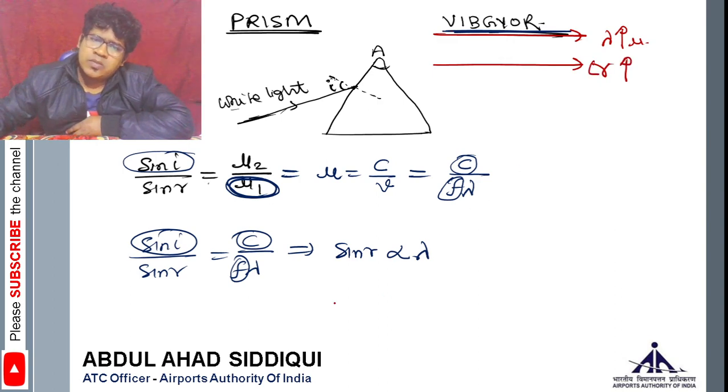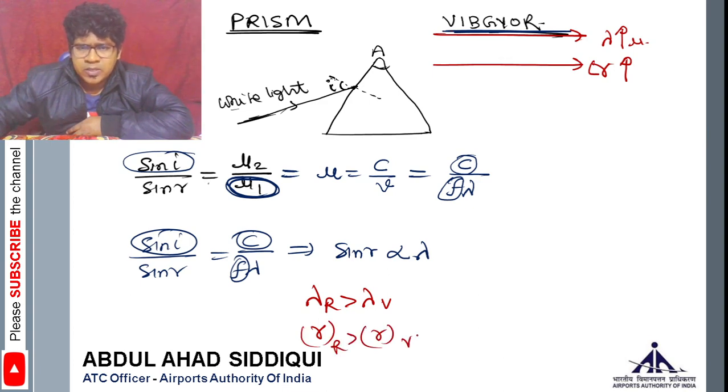Since we know that lambda of red is greater than lambda of violet light, the refracted angle for red will be greater than the refracted angle for violet.